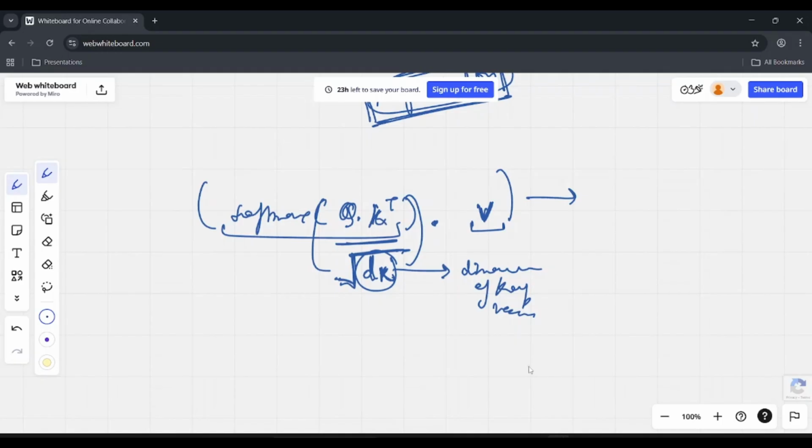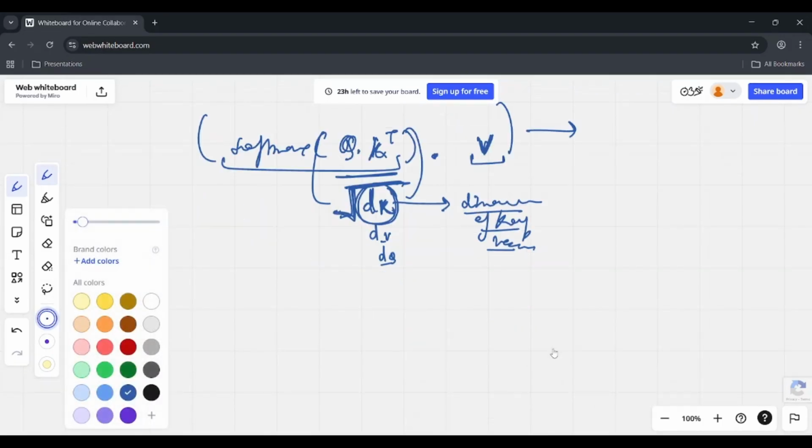So instead of dk you can have dv or dq. That is not the concern. The thing is that we are dividing it by the square root of the dimension. And why are we doing it? Now we will see why exactly we divide it by a particular term.